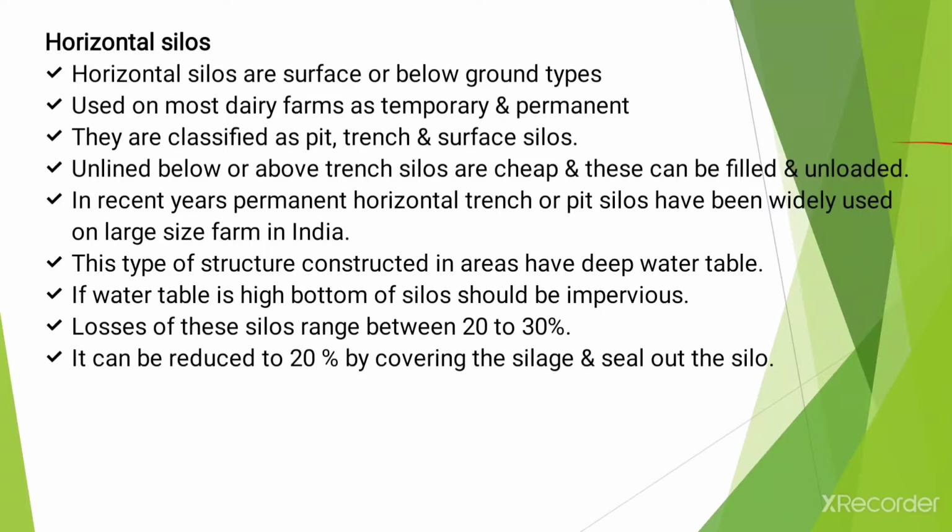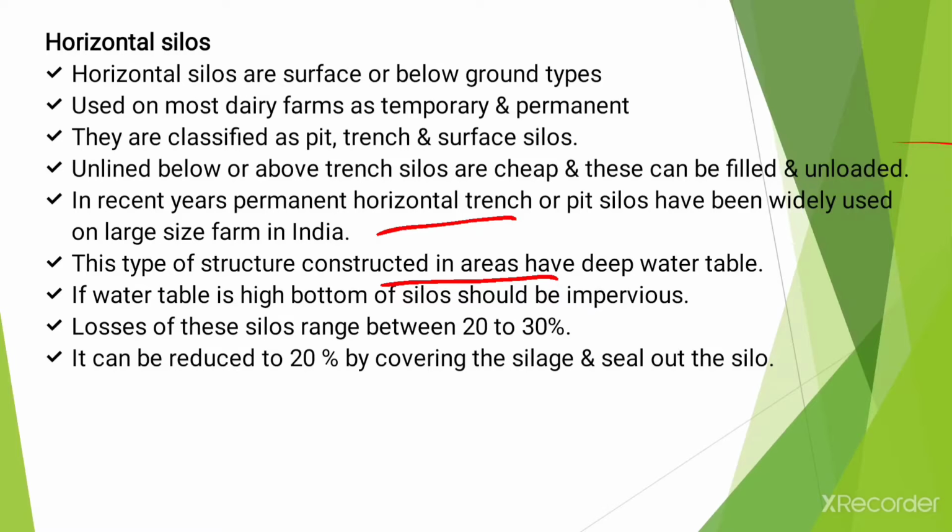In recent years, permanent horizontal silos, or horizontal trench or pit silos, have been widely used on large size farms in India, and this type of structure is constructed in areas which have a deep water table.